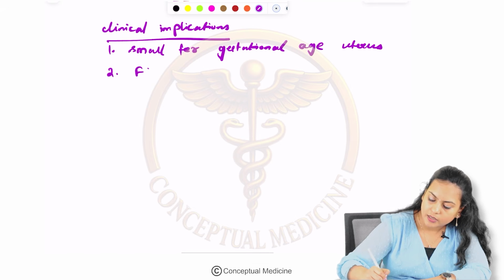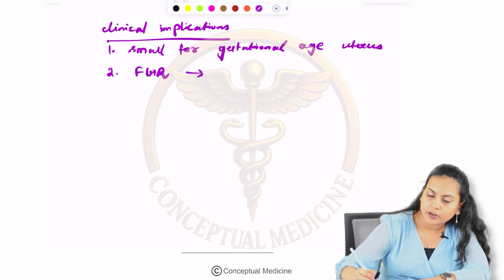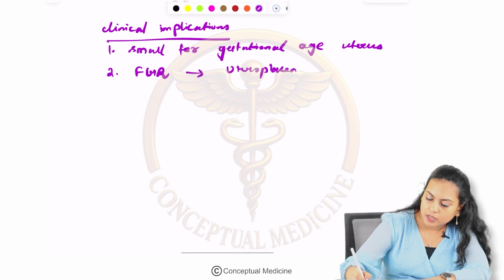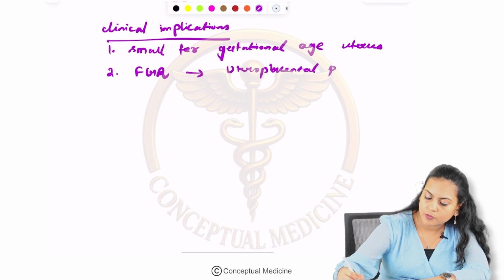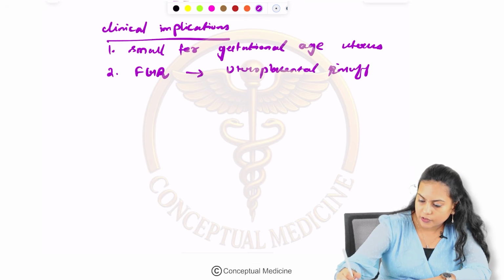They can be associated with FGR because the common pathology for FGR and oligohydramnios can be uteroplacental insufficiency.